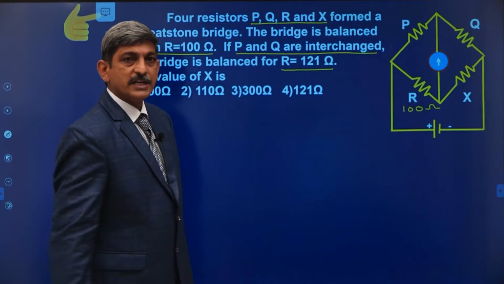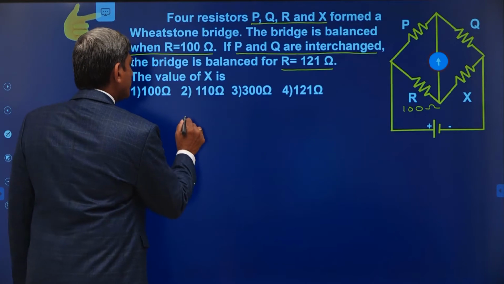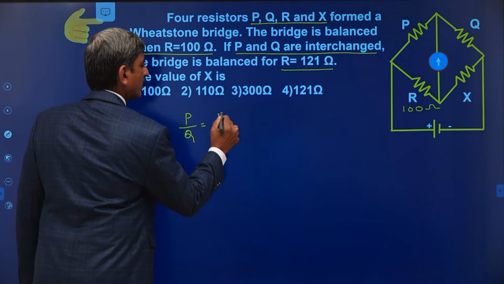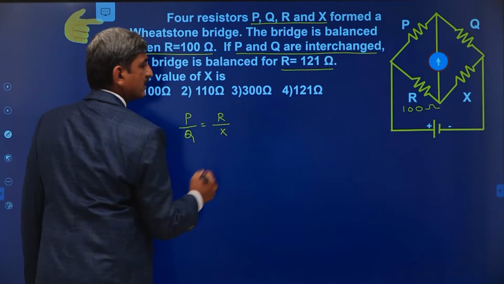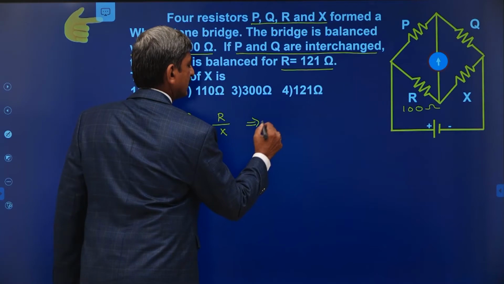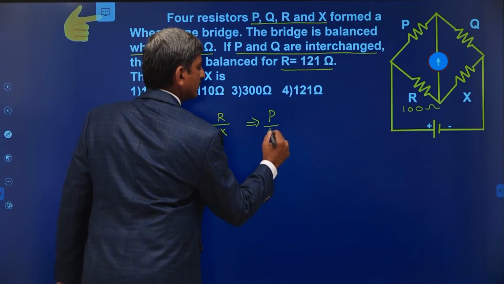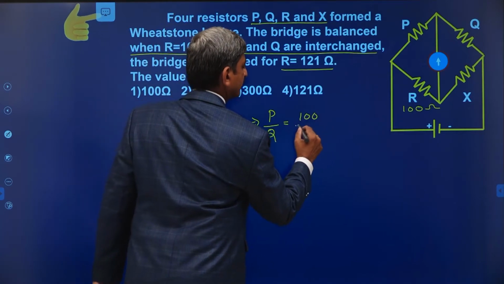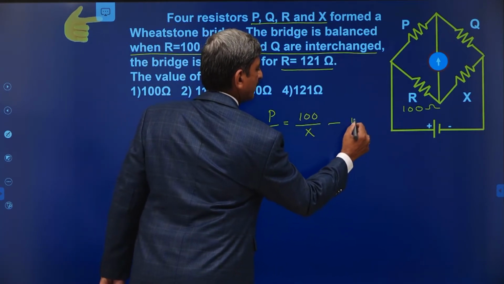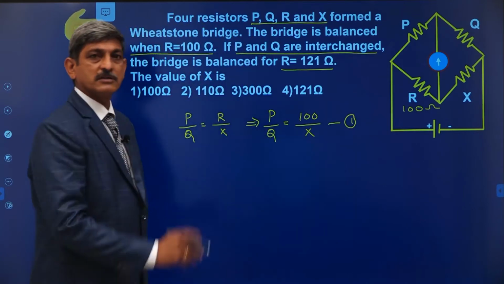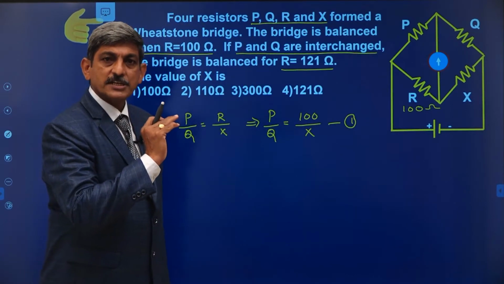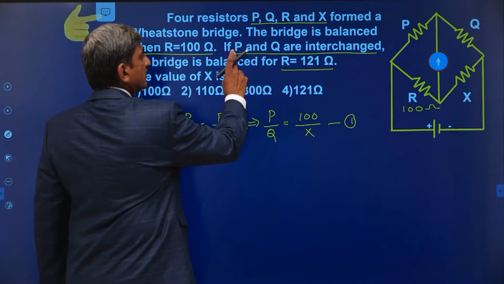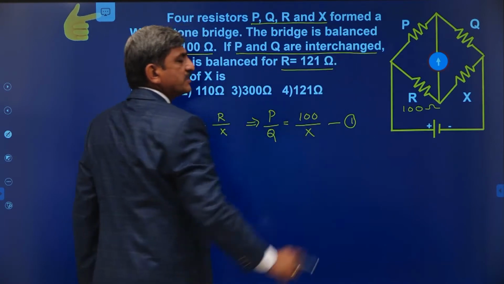So under the balancing condition, we can write P by Q is equal to R by X. From this we can write P by Q is equal to 100 by X. Let it be equation number 1 for the first case of the given Wheatstone bridge. Now in the second case, what happened? P and Q are interchanged.